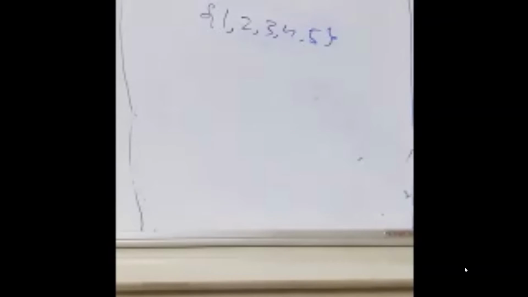A permutation is a rearrangement of these n objects. Suppose you have this set 1, 2, 3, 4, 5. A valid permutation of this set would be 2, 3, 1, 5, 4, because we are just rearranging these 5 terms, right?